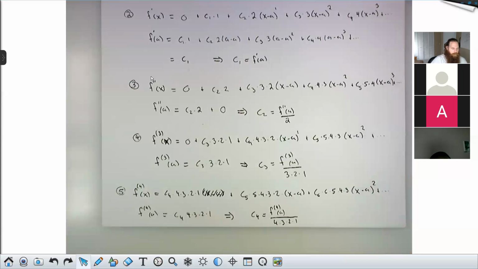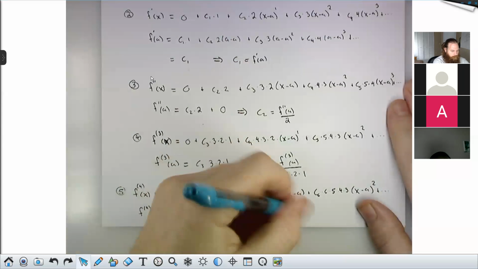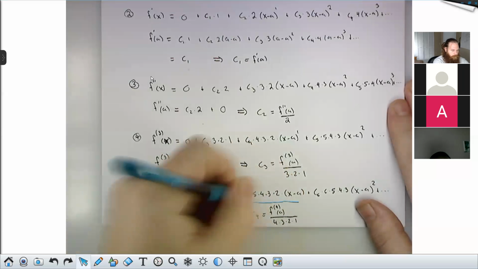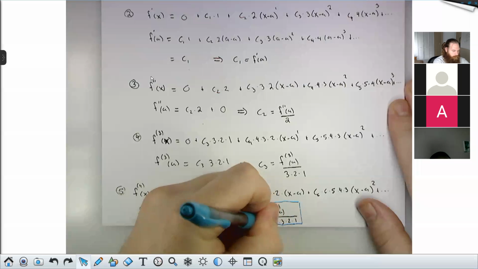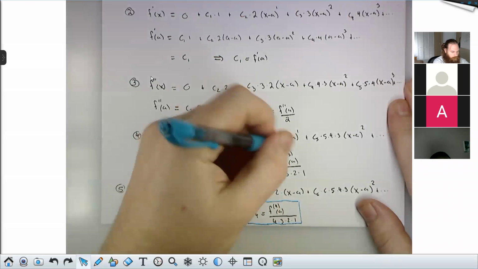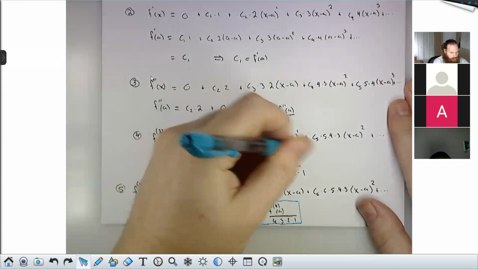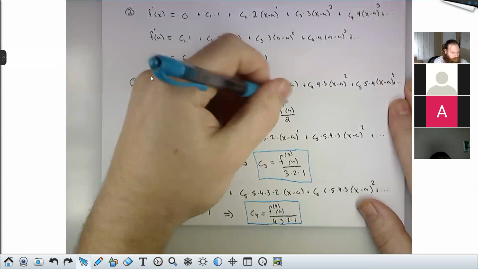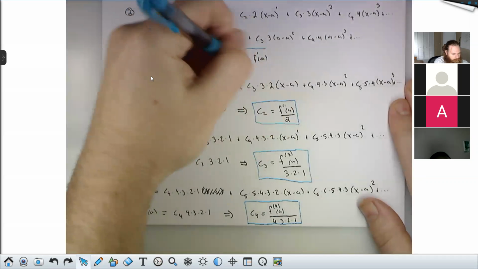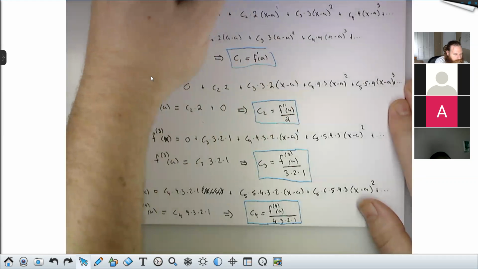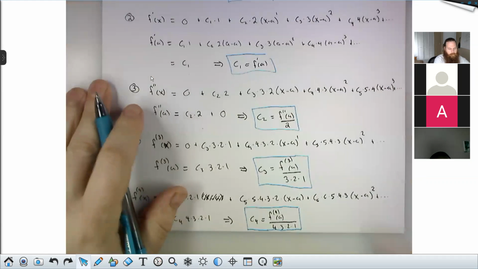So let me come back here and highlight the formulas we found for the coefficients so far. We have this guy for c4, this guy for c3, this guy for c2, this guy for c1, and this guy for c0.